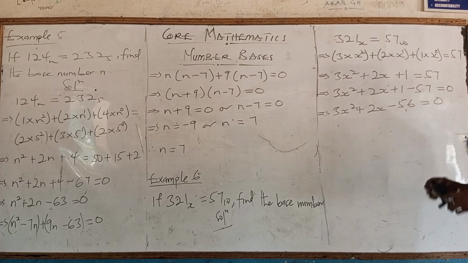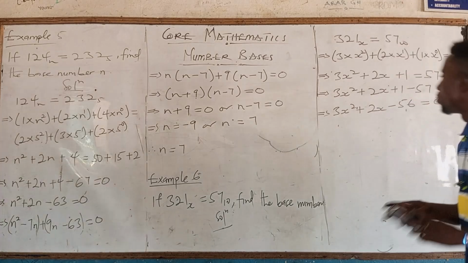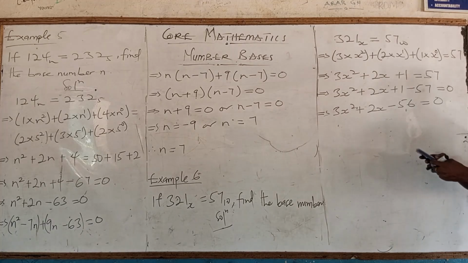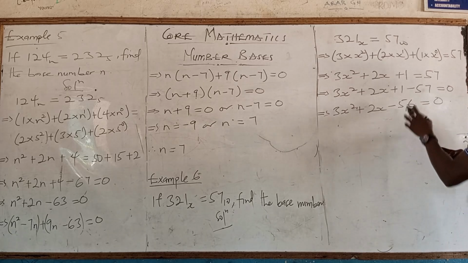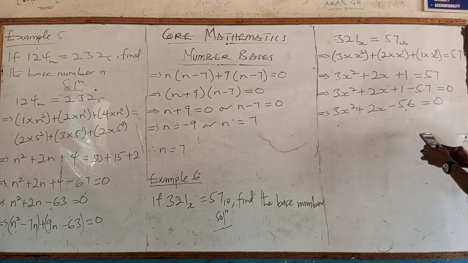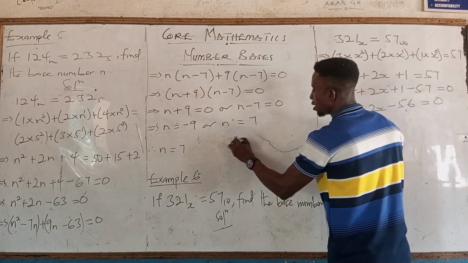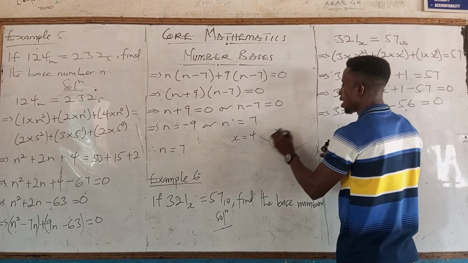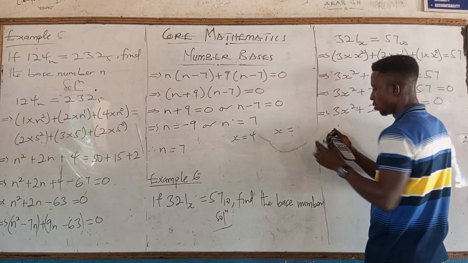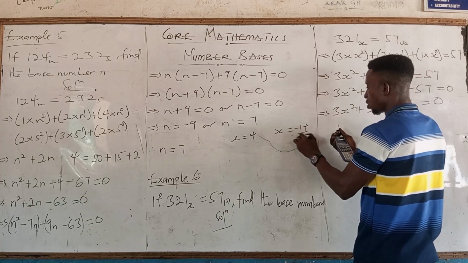We put this on the calculator to get those two numbers. Very simple. So putting it on the calculator, we have 3, positive 2, then negative 56. So that one is getting us x to be equal to 4, and another x to be equal to negative 14 on 3.